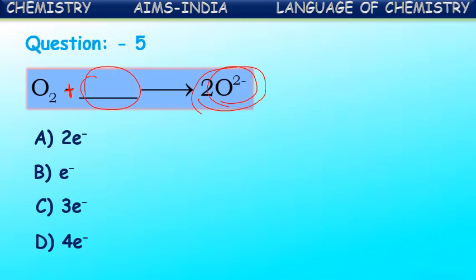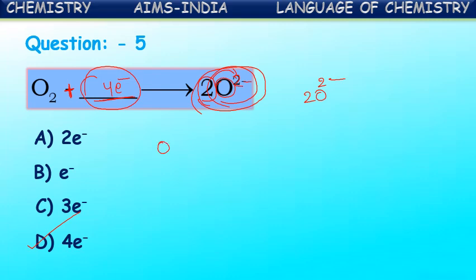How many electrons it has to gain? 1 oxygen means 2 electrons it has gained. But here we have 2 oxygens, so 2 2s are 4. If oxygen gains 4 electrons, then it will change into 2O2 minus. So our option is D option.